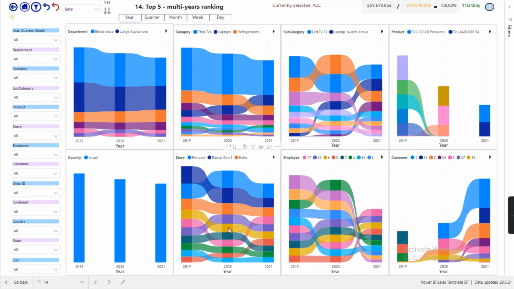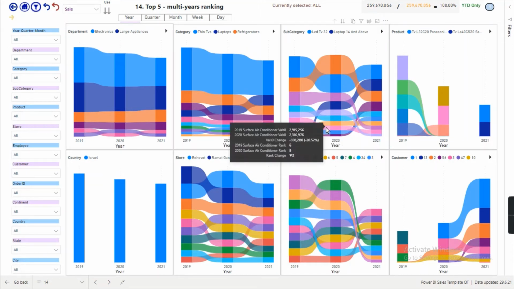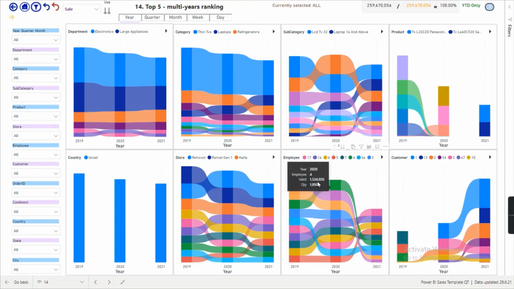It's not steady like subcategories or store. It's strange. We have to ask what is happening. Why some of them are decreasing rapidly and others are getting up fast. Okay, we have to understand it.